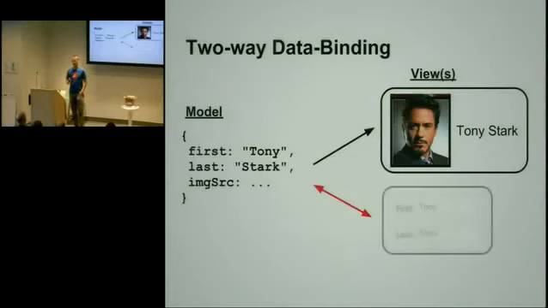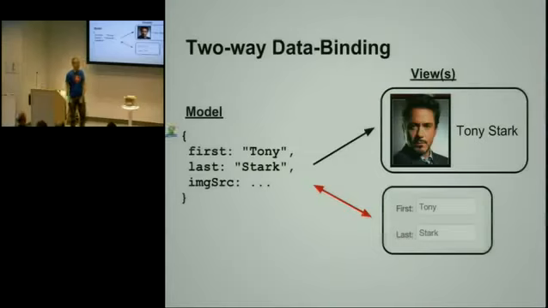Two-way data binding is when you bind the model to form controls or some other controls that allow you to change the model. So for example, in this case, I have a model that is bound to the view. It's displaying a profile picture of a superhero. And I also have a form which is bound to the same model.